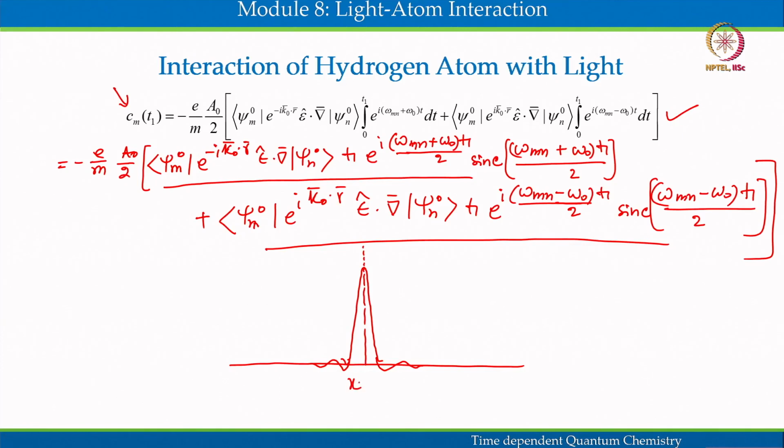At x equals 0, in the limit x tends to 0, it gets its maximum value, and it reduces, I mean it goes to 0 very quickly, and at x equals pi I get the minimum value.